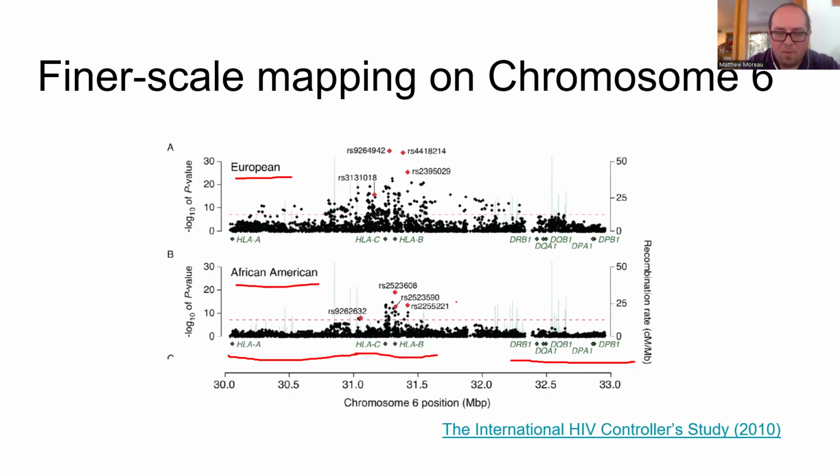But overall, we can see some of the same mutations that we saw before, but they're all hovering around this HLA-B, and we have one here in HLA-C, but most of them exhibit between HLA-B, whereas in Europeans it basically splits the difference.